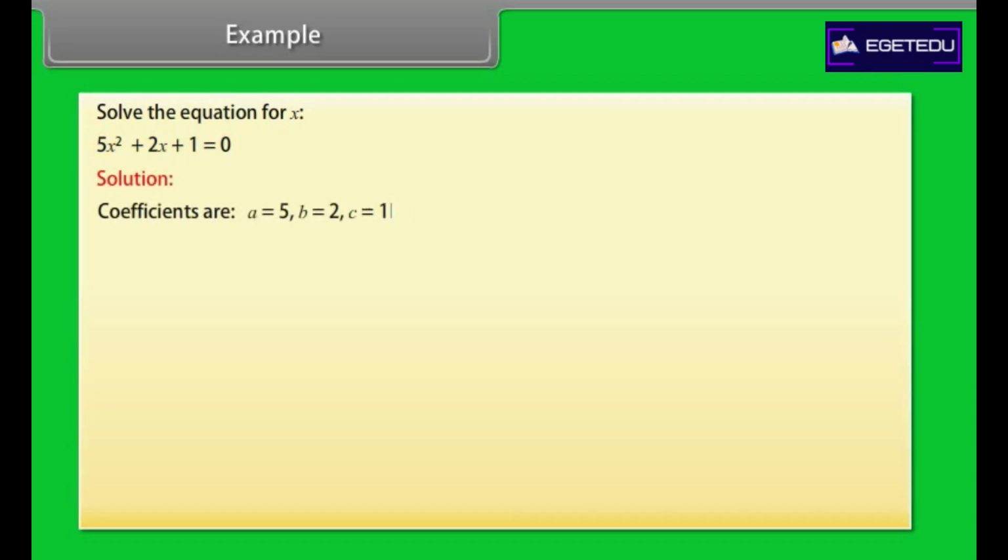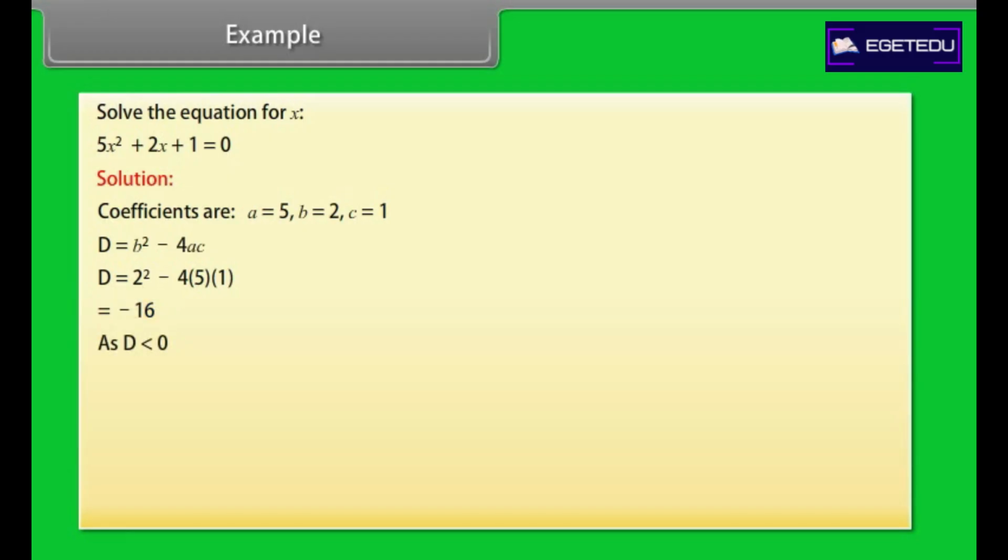Example. Solve the equation for x. 5x square plus 2x plus 1 is equal to 0. Solution. Coefficients are a is equal to 5, b is equal to 2, c is equal to 1. D is equal to b square minus 4ac, which is 2 square minus 4 into 5 into 1, is equal to minus 16.